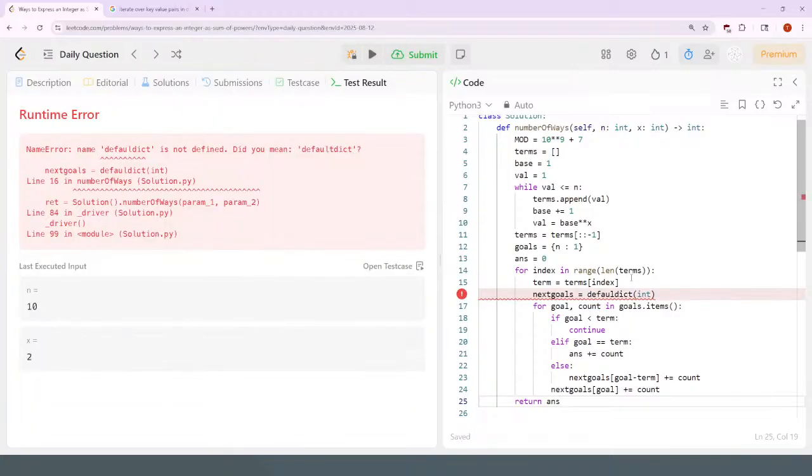Oh, I need to do mod here. And also default is spelled with a T there. Answer equals answer plus count mod. And maybe here as well.